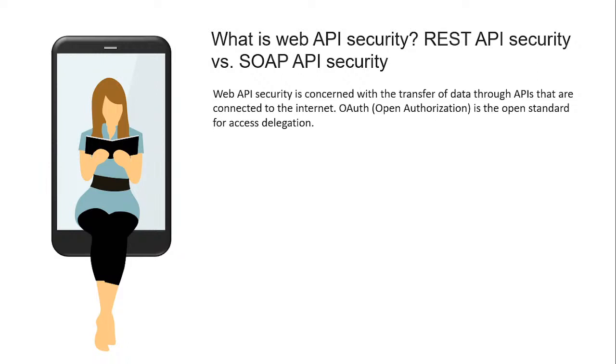Now most API implementations are either REST, which is representational state transfer, or SOAP, which is simple object access protocol. REST API use HTTP and support transport layer security, which is TLS encryption.